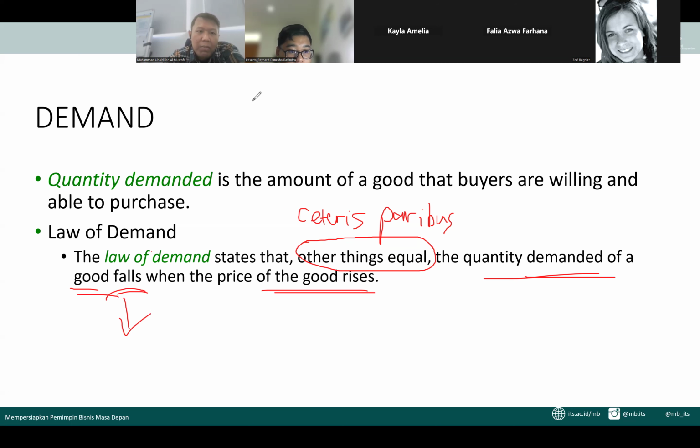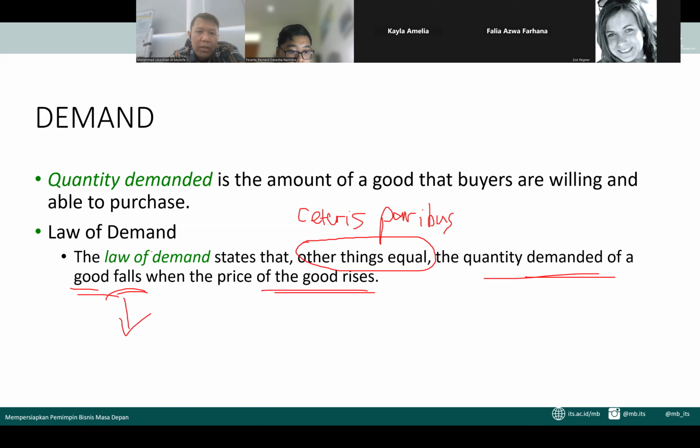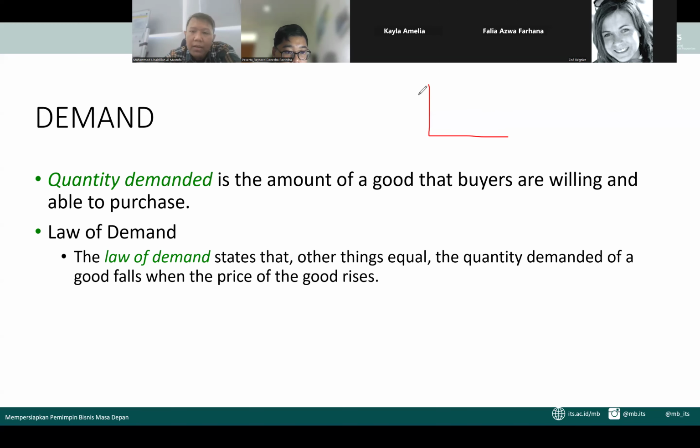Okay, so the model of demand will look like this. Here we have the price, and here we have the quantity.